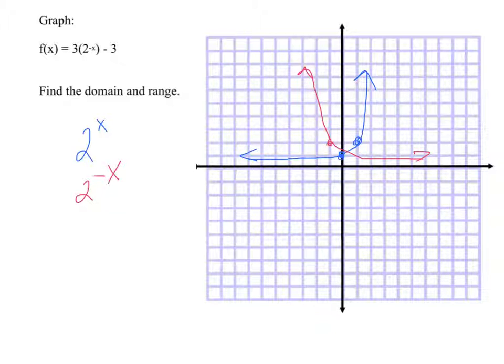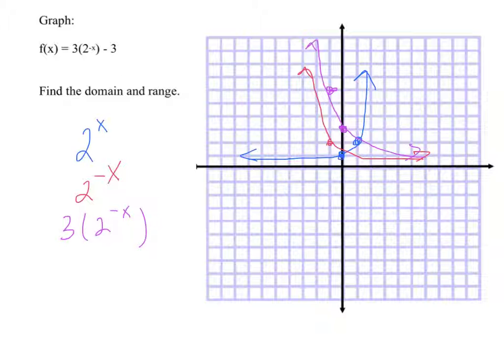Next, let's do the multiplying it by 3. Of course, that'll just stretch it. So instead of 0, 1, it'll go through 0, 3. Instead of negative 1, 2, it'll go through negative 1, 6. Just stretching it out.